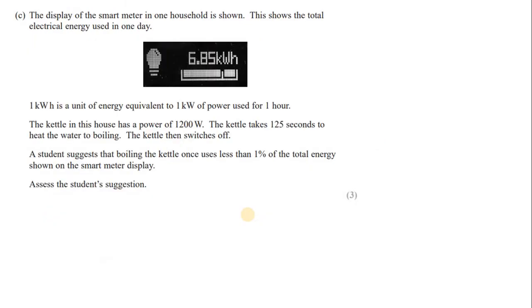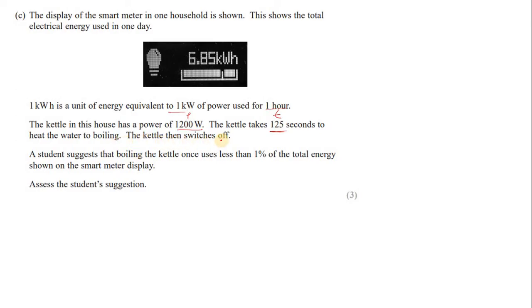The display of the smart meter in one household is shown. This shows the total electrical energy used in one day, 6.85 kilowatt hour. 1 kilowatt hour is the unit of energy equivalent to 1 kilowatt used for 1 hour. The kettle in this house has a power P of 1200 watt, and the kettle takes 125 second, T, to boil the water.